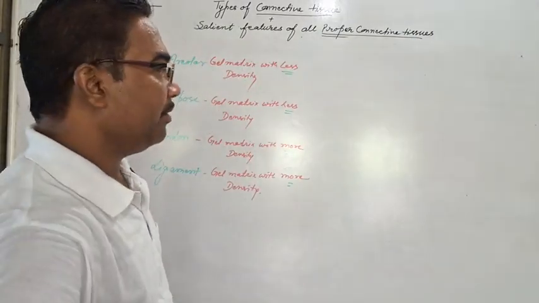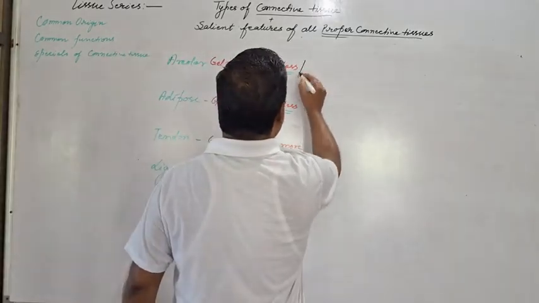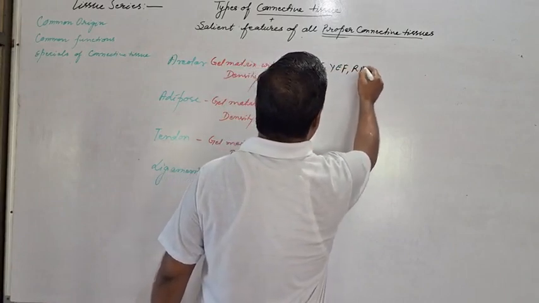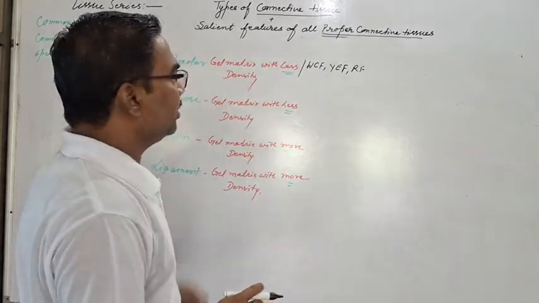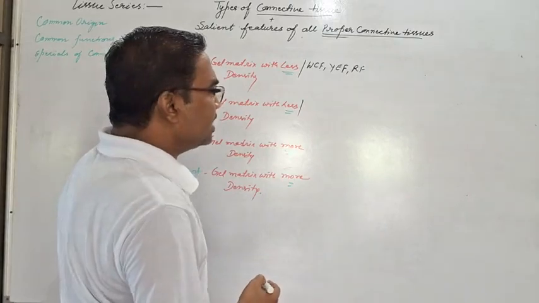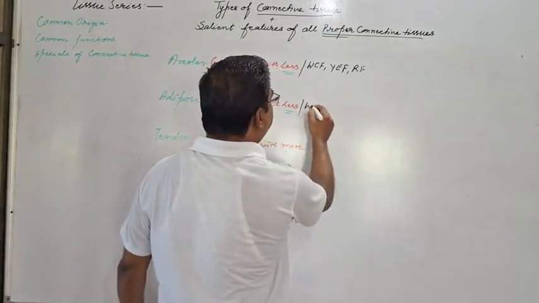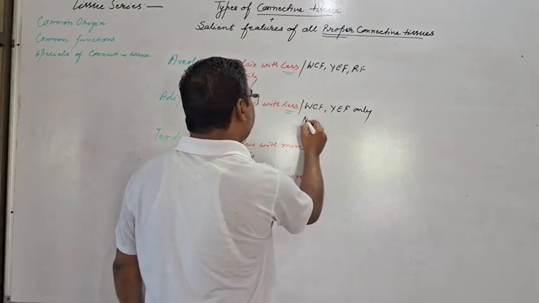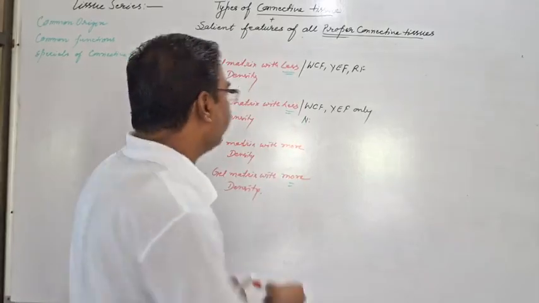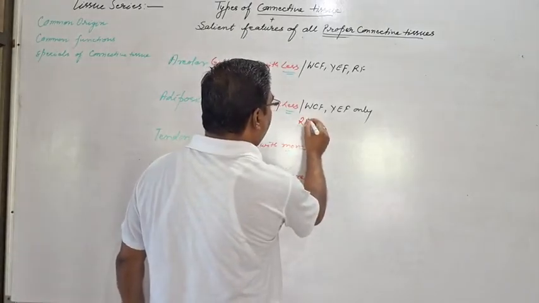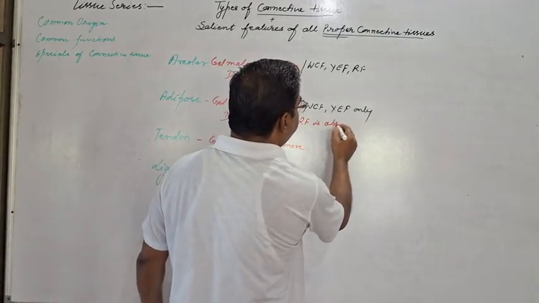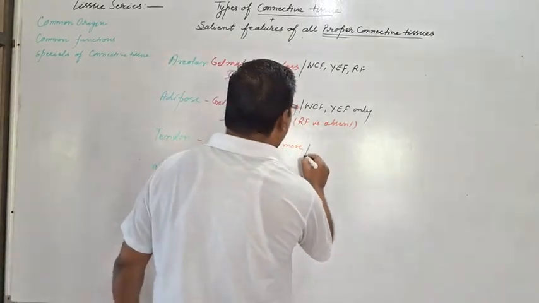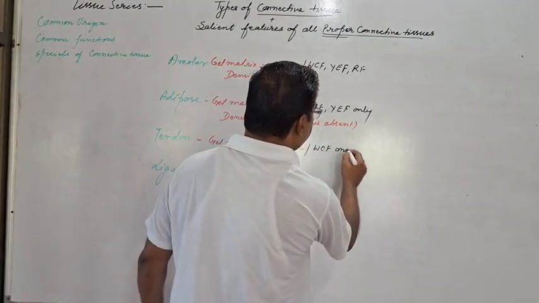In areolar tissue, you will see all types of fibers: white collagen fiber, yellow elastin fiber, and reticulate fiber. All three types are present in areolar. In adipose, RF is not present. That means only white collagen fiber and yellow elastin fiber. You can write a note that RF is absent here. In the tendon, only white collagen fiber is present.